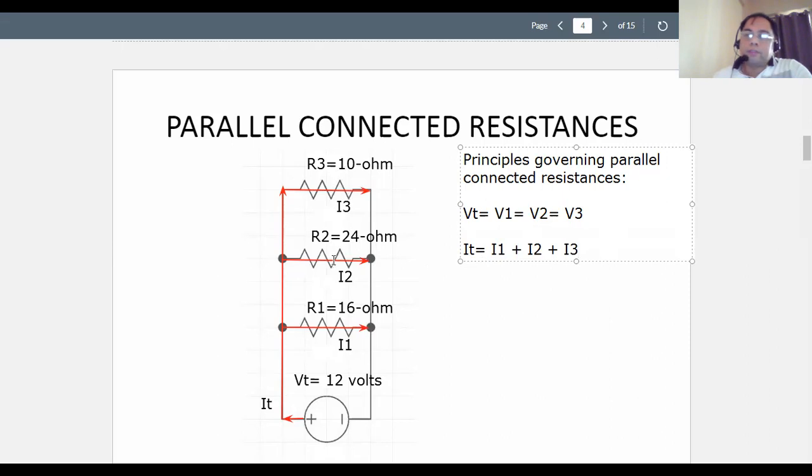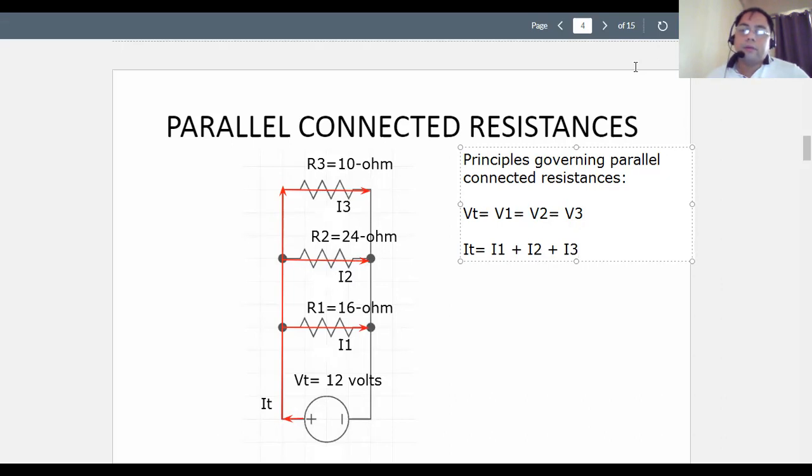And if resistance and current have an inverse relationship, then the resistance that has the highest value will have the least current passing through it. From among our list of resistances here, 24 is our highest resistance. So we expect that I sub 2 must be the current with the smallest value. So the currents are added together to get the total value.